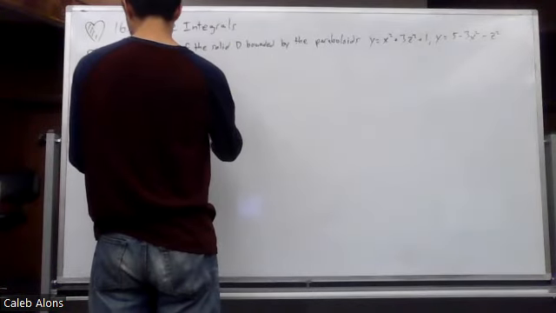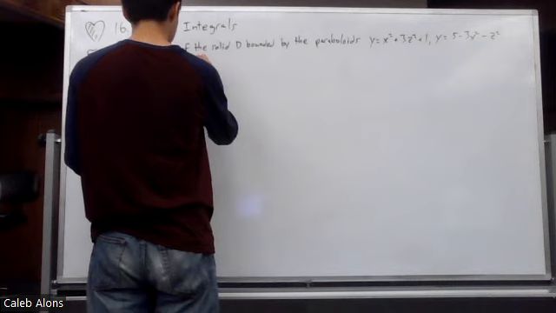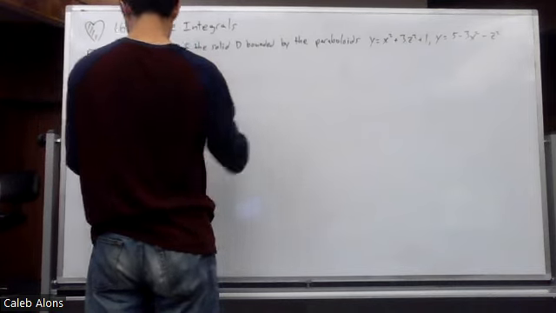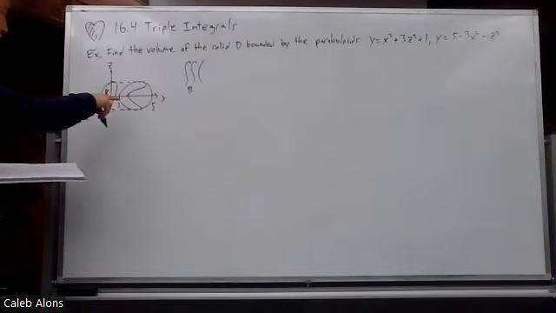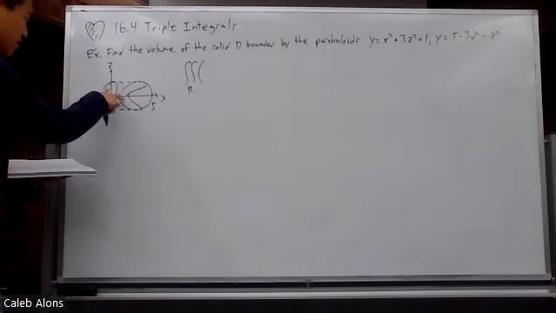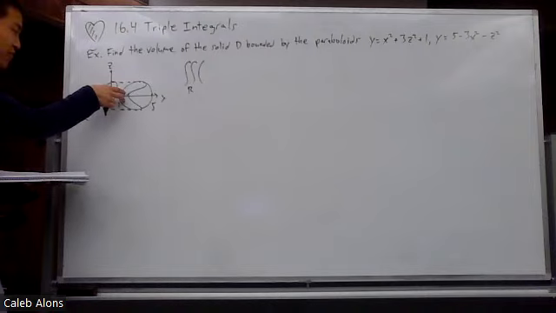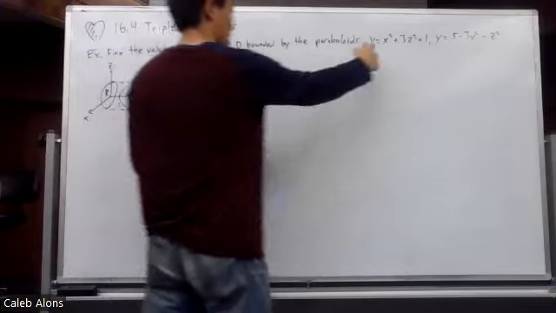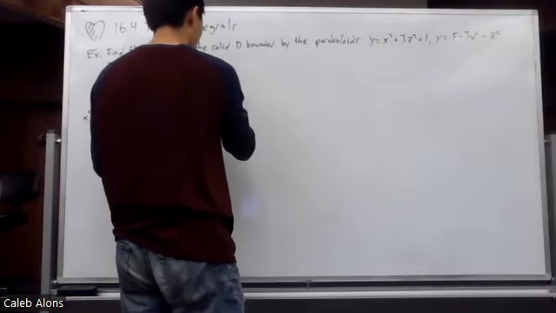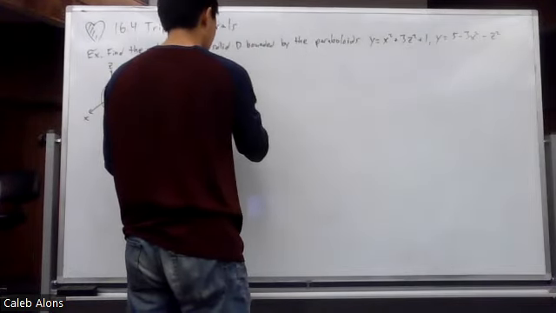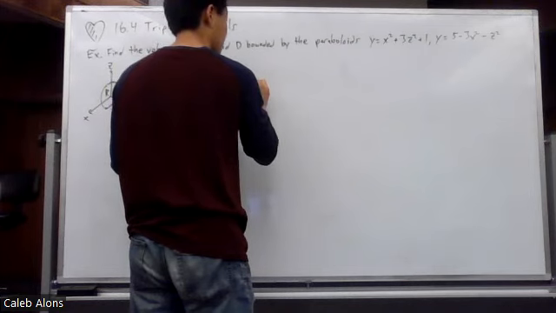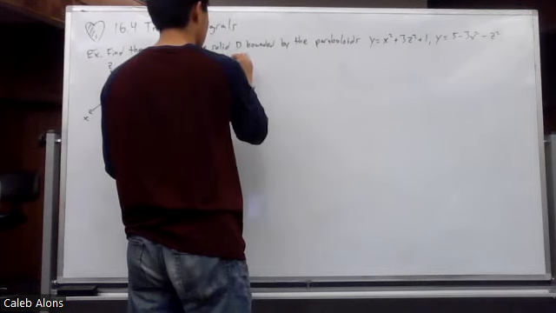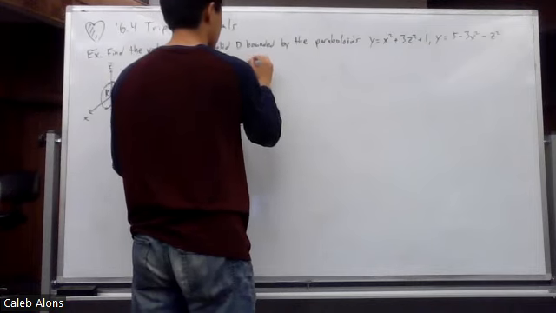So we know that we're going to be taking a double integral over R. But we know that we're integrating from the left paraboloid to the right paraboloid. So the integral from the left paraboloid, x squared plus 3z squared plus 1, to 5 minus 3x squared minus 2z squared.